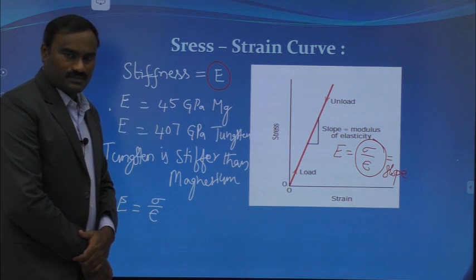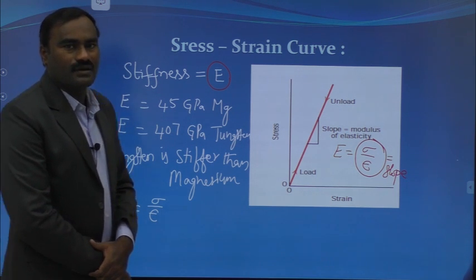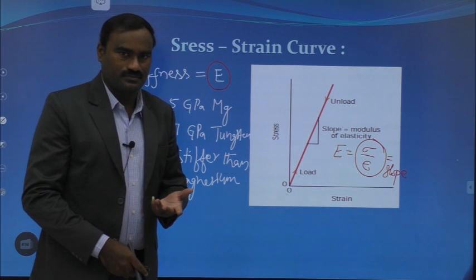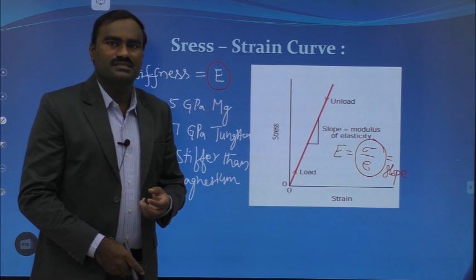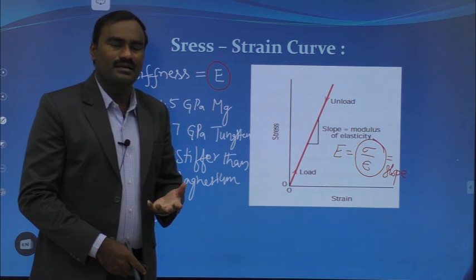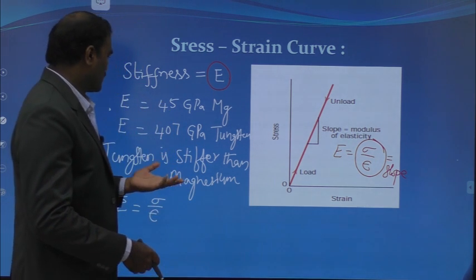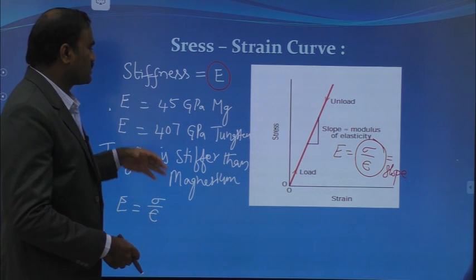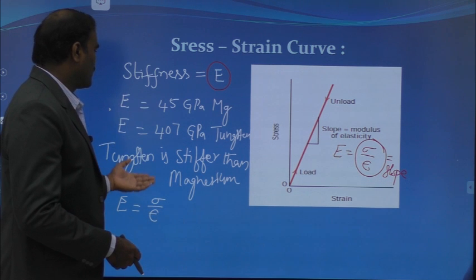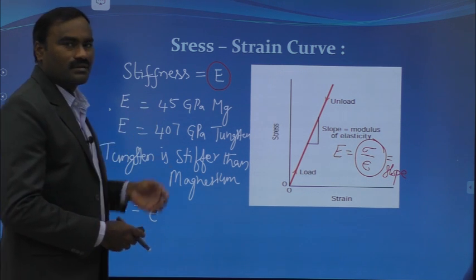It is because these two materials have different strains. Magnesium is a softer material, whereas tungsten is a very hard, stiff material. So the strain experienced by the tungsten is very less compared to the magnesium.